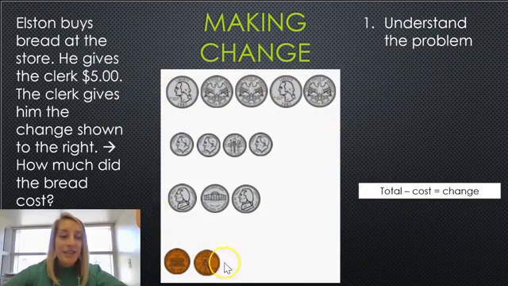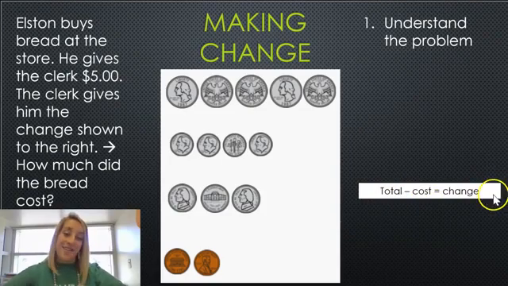He received the change shown here, the change, and I need to find out the cost. So it is total minus the cost equals the change. Or in this case, total minus the change equals the cost.